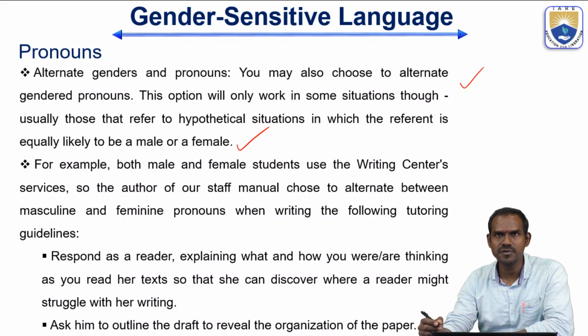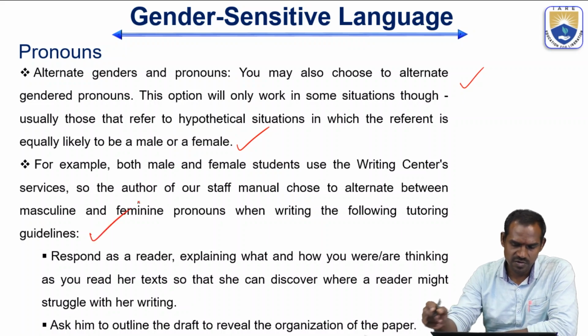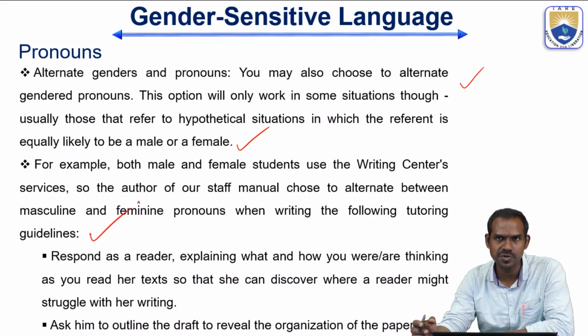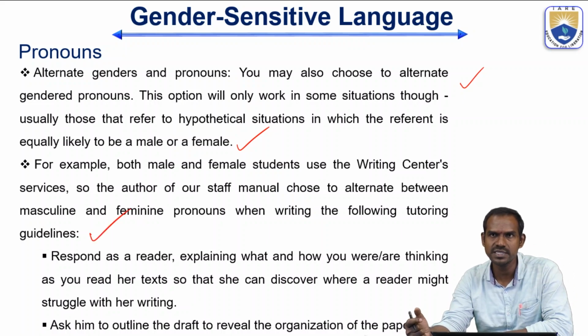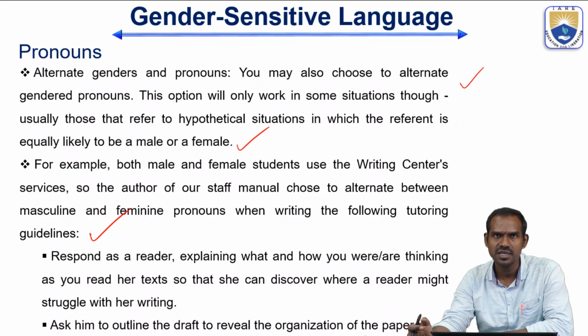So the author of our staff manual chose to alternate between masculine and feminine pronouns when writing the following tutoring guidelines. So some tutoring guidelines were proposed. When writing the tutoring guidelines, they have used pronouns for alternate genders.